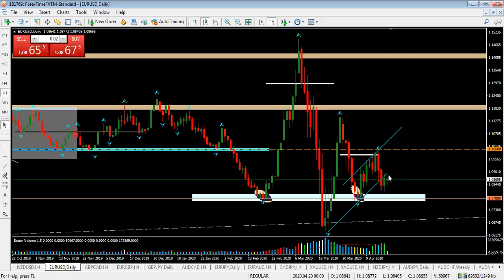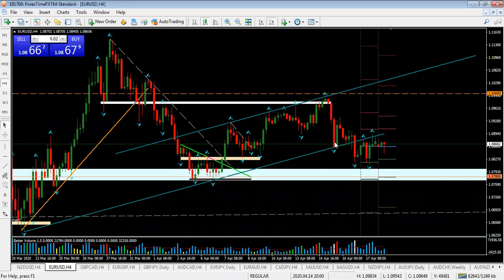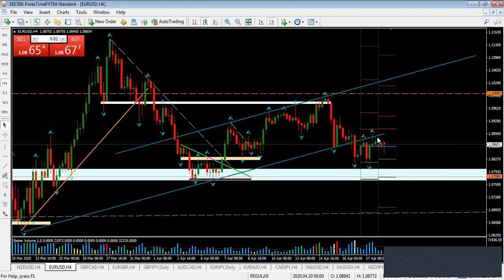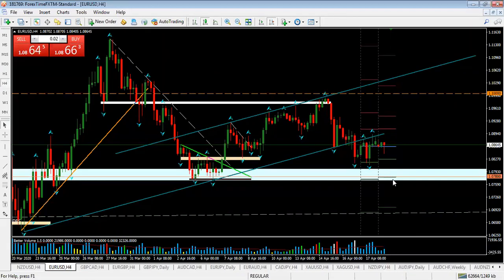Rather, we have to wait for price to come in here, confirm the triple bottom, then we'll buy from here to target the $1. All right. So from the H4, we had a breakout. And technically, from a textbook definition, after a breakout of the trend line, there is a retest. And we expect it to sell from this point. All right. So we can't do that at the moment.